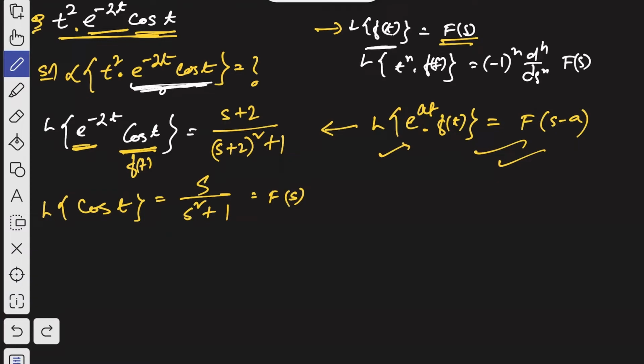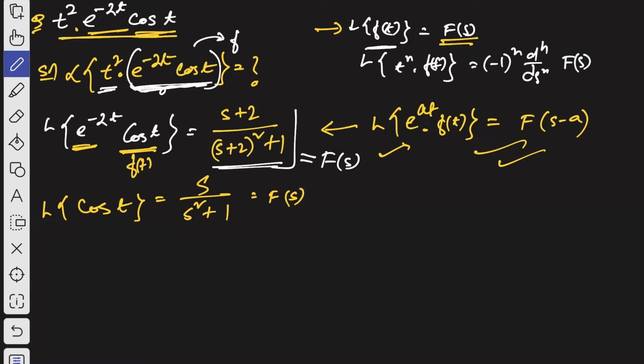Now let us consider this result as capital F of s, to find out the Laplace transformation of t square dot this, where this part is considered as f of t now, to apply this theorem. Hope you have understood this.